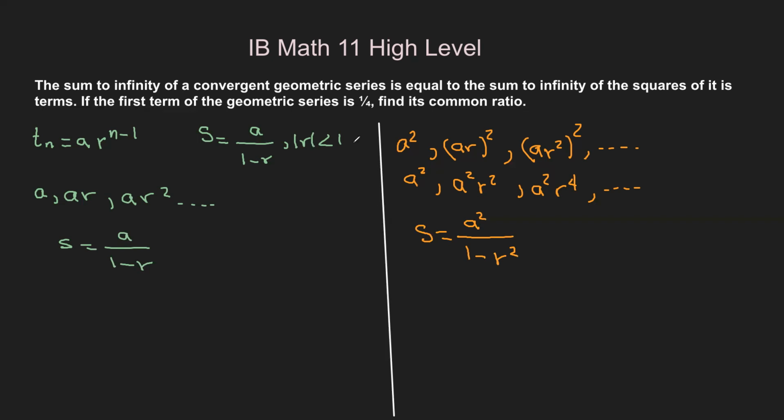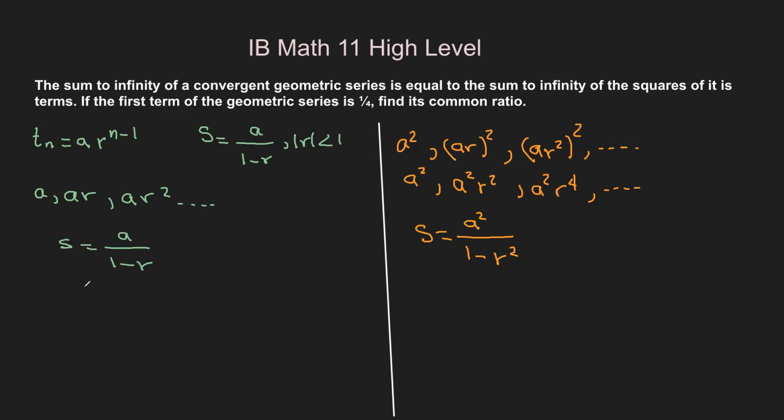Now they're saying if the first term of the geometric series is 1/4, find the common ratio. What they're saying in the first statement is that this equals this, because the sum to infinity of a convergent geometric series is equal to the sum to infinity of the squares of its terms. And they tell me A is 1/4.